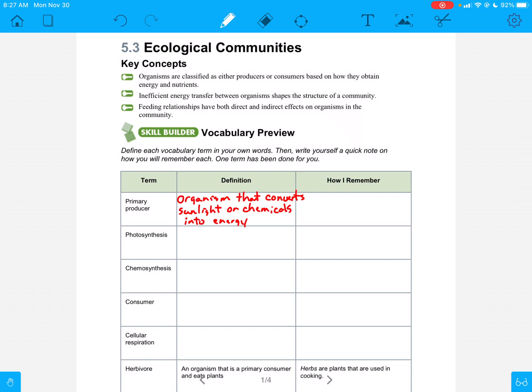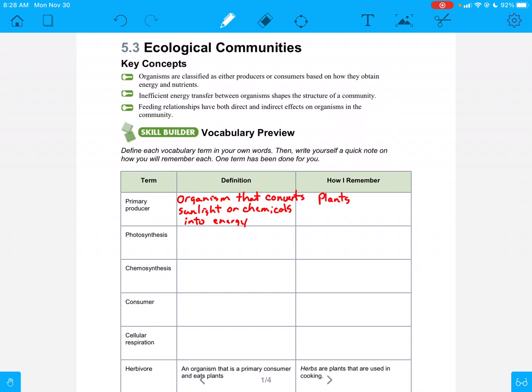So some examples of this would be plants, right? We have lots of plants. And then there's also things that live in areas where the sun doesn't shine, so to speak. They live at the bottom of the deep ocean where it's ink black. There's no sun ever down there.